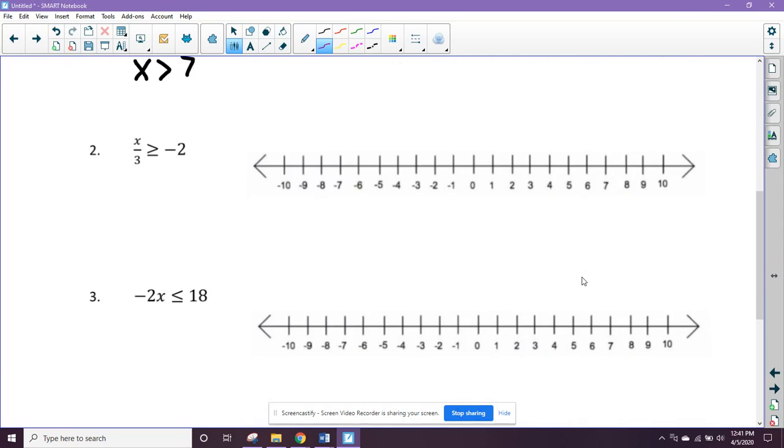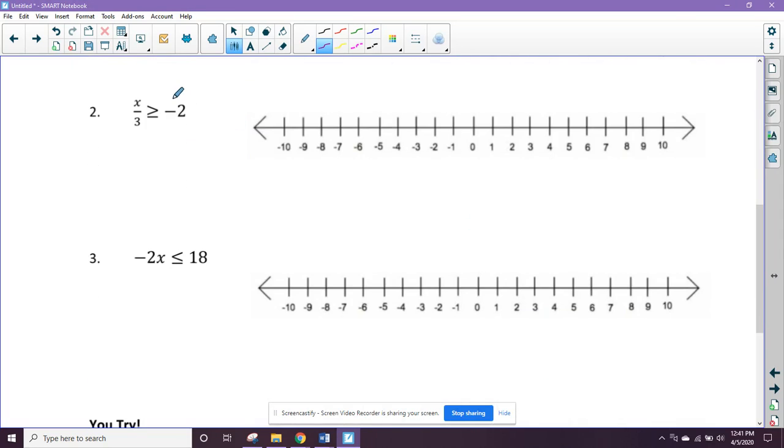Number 2. We have x divided by 3. To get x by itself, we have to do the opposite, so we're going to multiply both sides by 3.